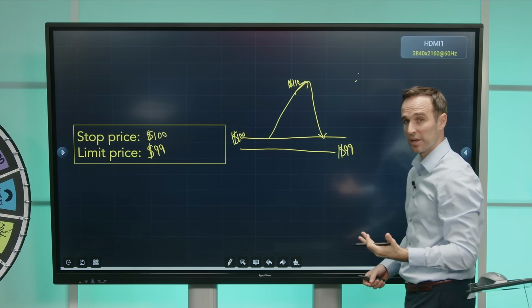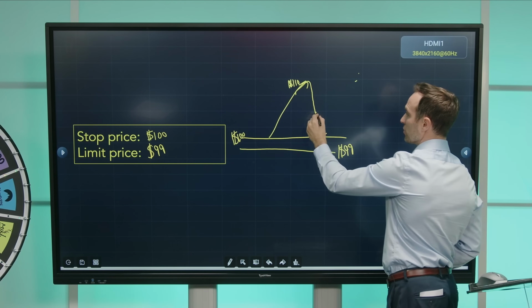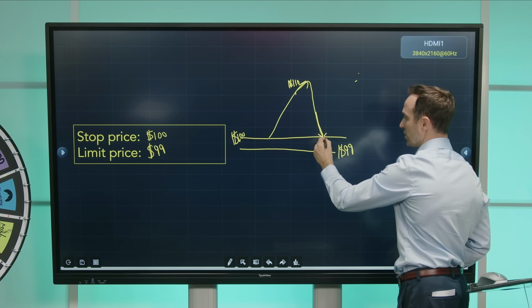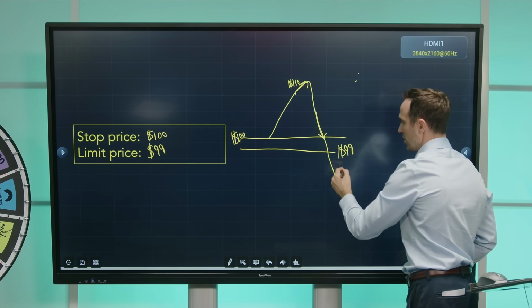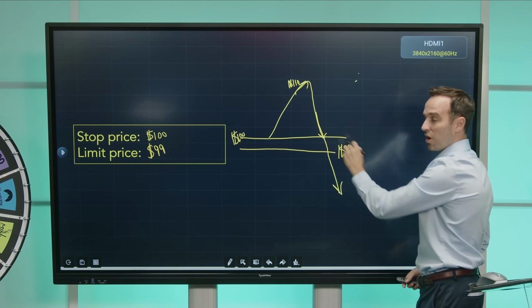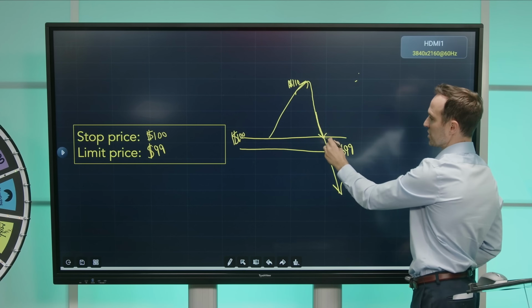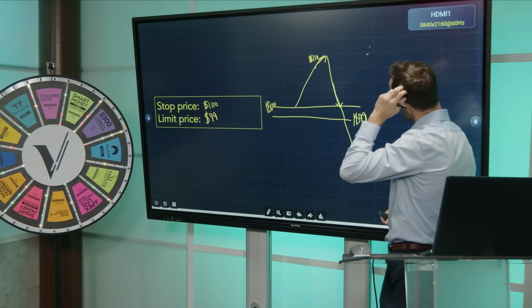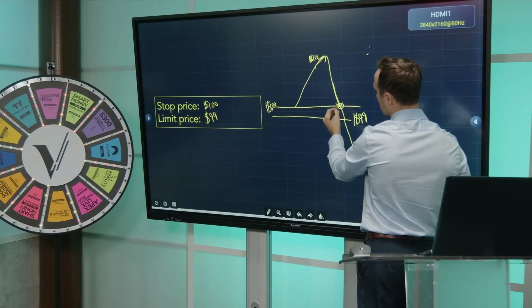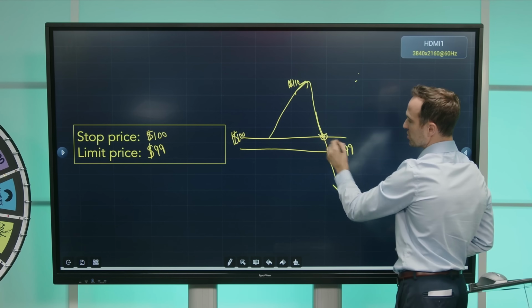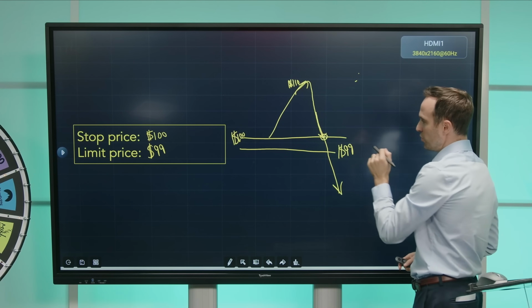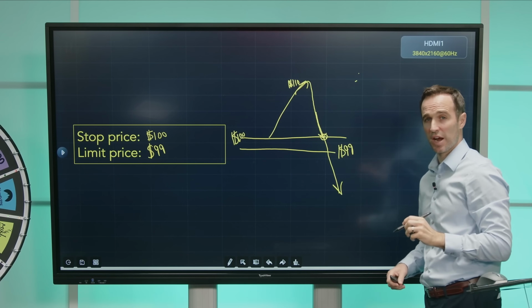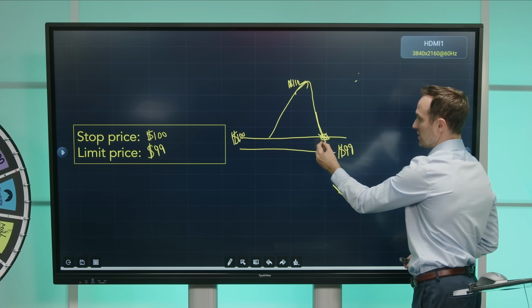Well, what can happen if this stock really moves down here quickly? Let's say you had 100 shares long right here, 100 shares long at $100. Pretty simple, right? Let's say that when the stop price started to trigger, you were only able to sell 50 shares in this area.